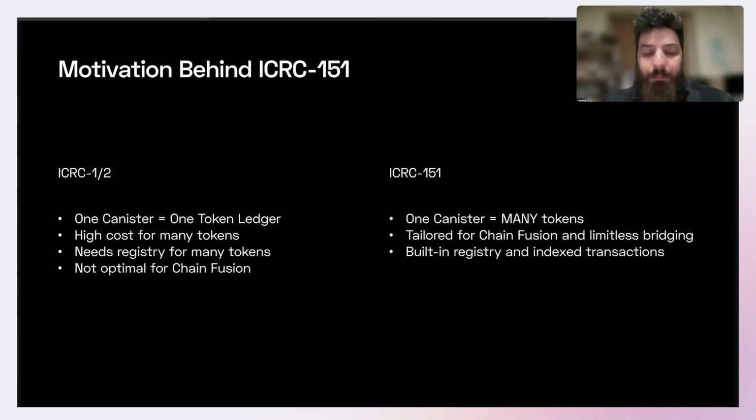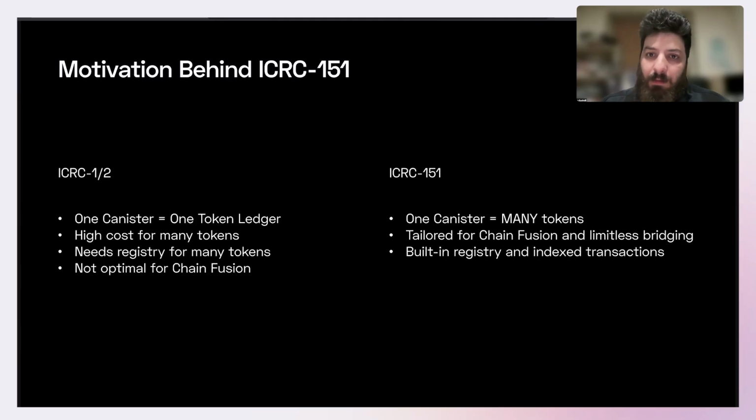Now, that gives us huge benefits in terms of flexibility, because when I move on to the later parts of this presentation, you will see that that approach gives us ability to expand chain fusion as a technology or as a branch of Internet Computer system and advance it to a higher level because it gives us ability to have limitless bridges across the ecosystems.